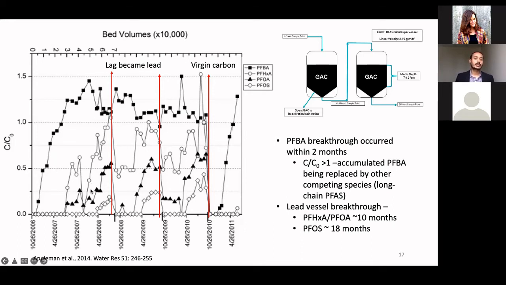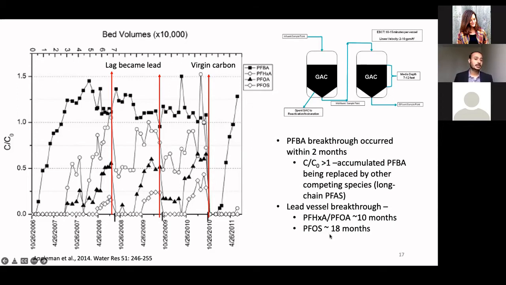The breakthrough time for PFHxA and PFOA was about 10 months after the column was started. The time to breakthrough for PFHxA and PFOA was similar, although complete breakthrough of PFHxA occurred fairly quickly compared to PFOA from this curve.